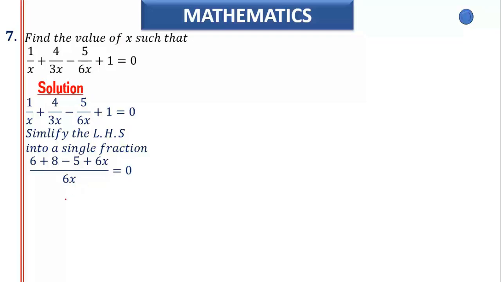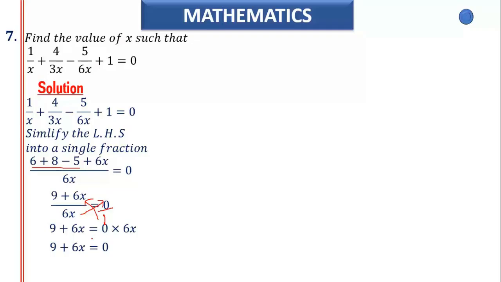So from what you have there, you can simplify further. If you do the simplification, of course, 6 plus 8 minus 5 will give you 9 plus 6x, okay, over 6x. So at this point, you can cross multiply. If you do your cross multiplication, this over 1, you can tell, you agree with me, that this will be equal to this.